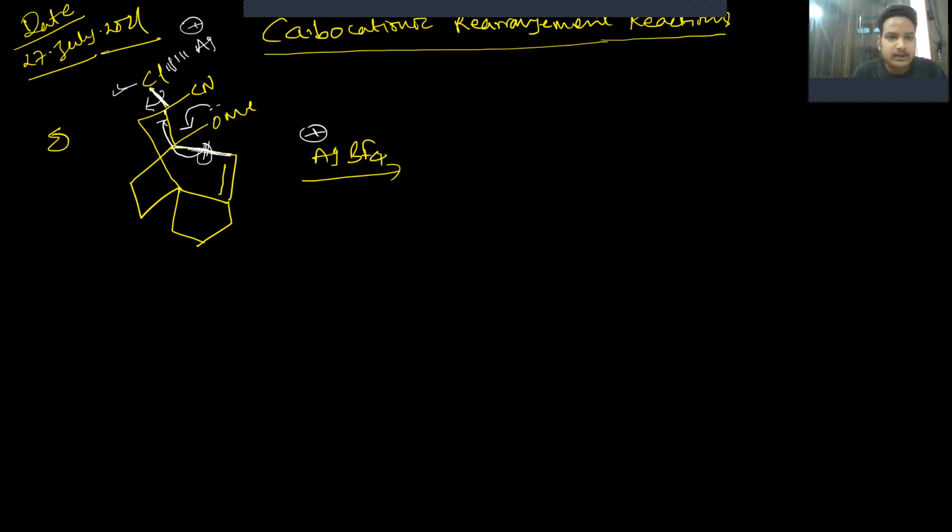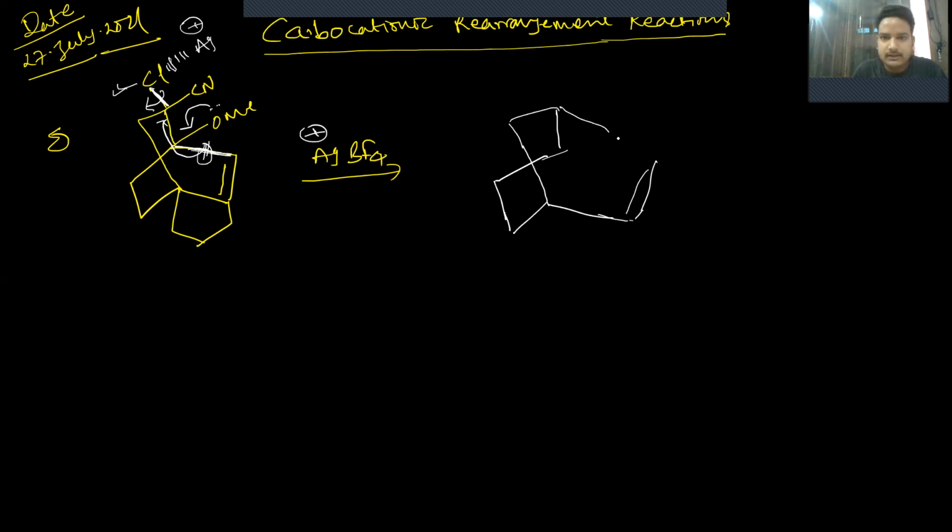So what we observe here, this bond is connected with this bond. So our next targeted molecule is like this. Sorry, this one, and this goes like this and forms a double bond.